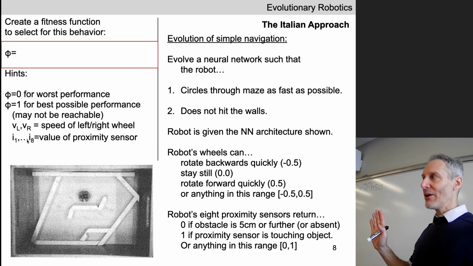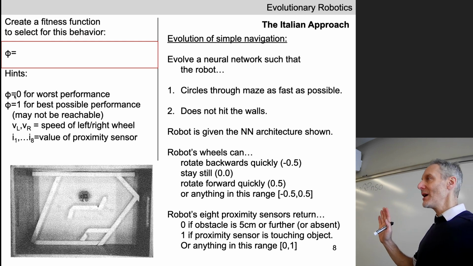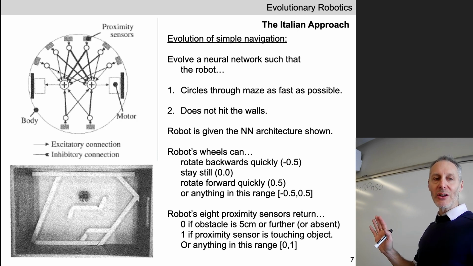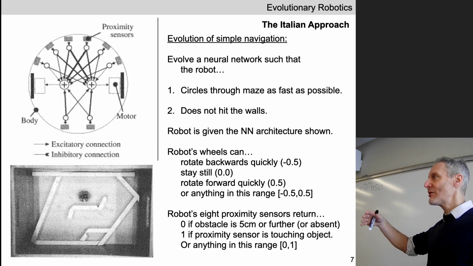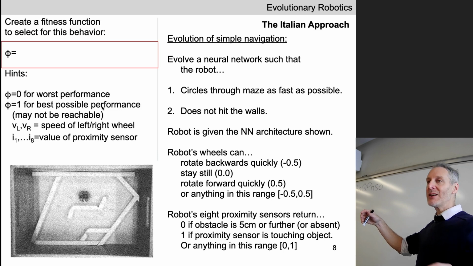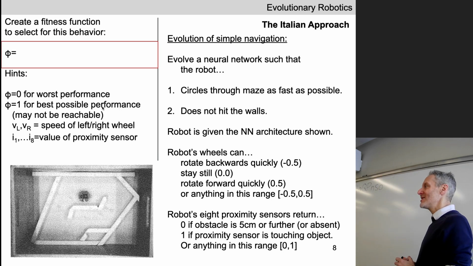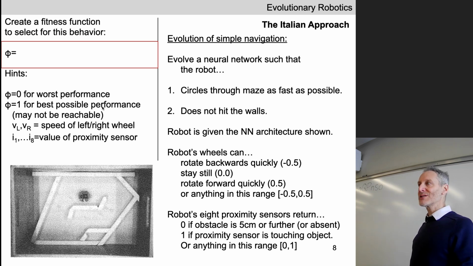While you're thinking about that, keep in mind that we're using these 10 values twice. These 10 values, or the 8 sensor values and the 2 motor neurons, they're being computed or used within the neural network. And then the genetic algorithm is also going to receive a copy of these 10 values and combine them into a fitness function.